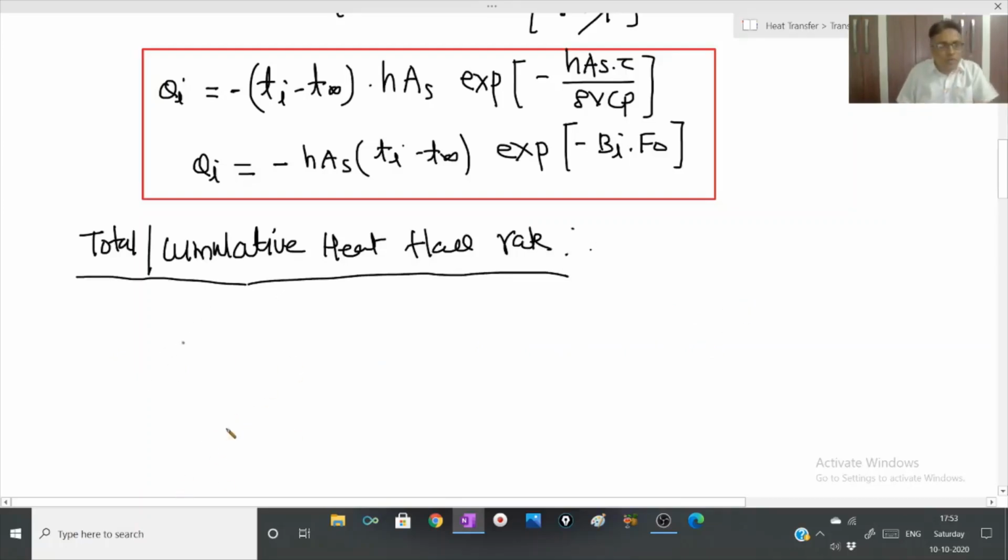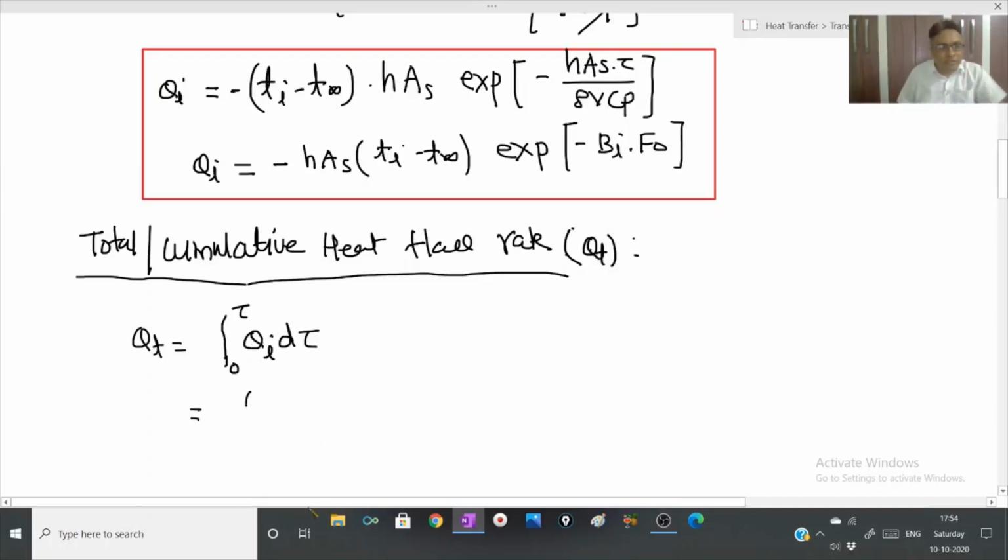So it can be represented by Q suffix T. So Q suffix T is nothing but the total flow rate from the starting of transient heat conduction to the final time under consideration. So Qt will be the integral of Qi with respect to change in time from initial to the time under consideration.